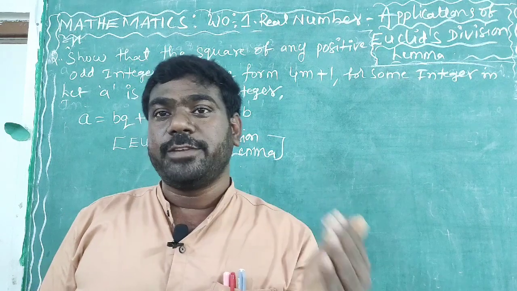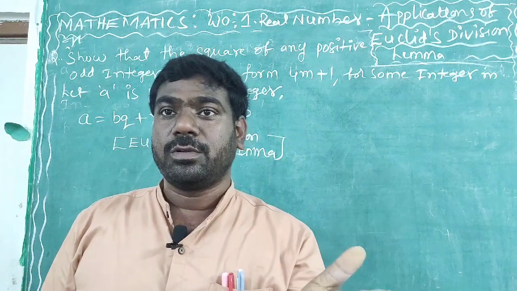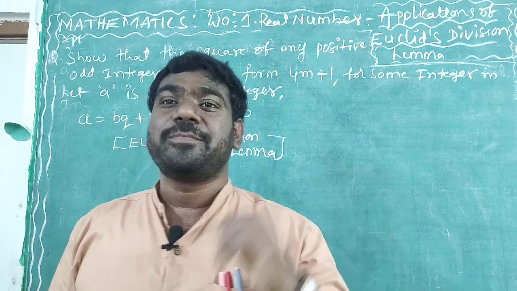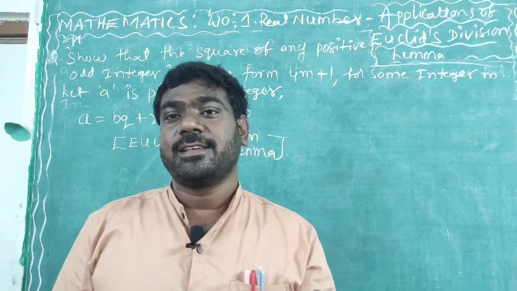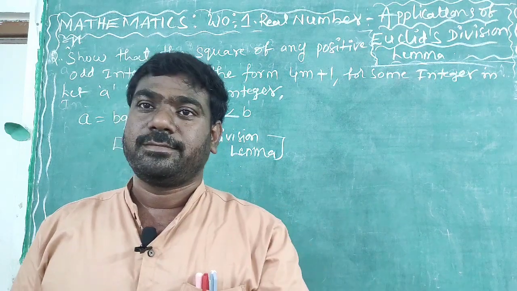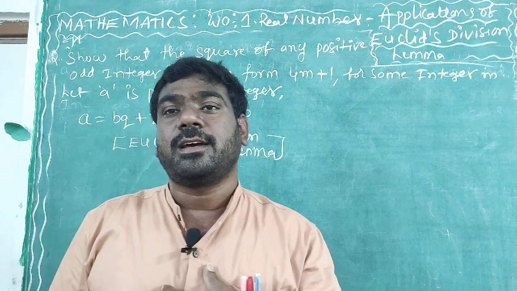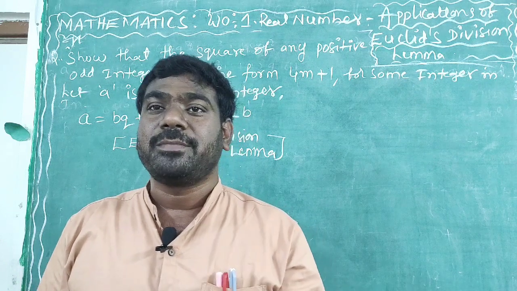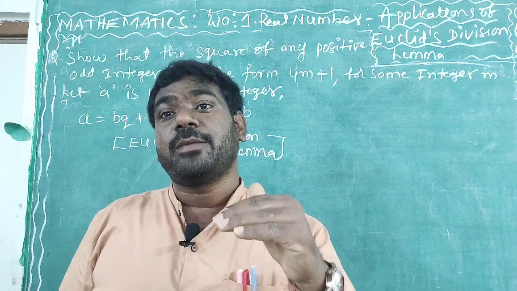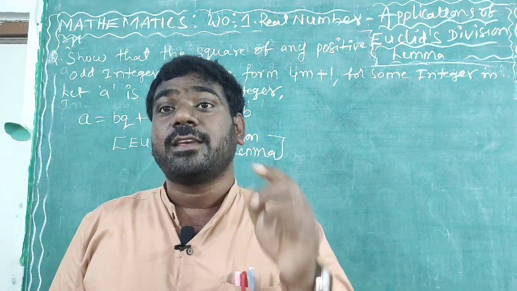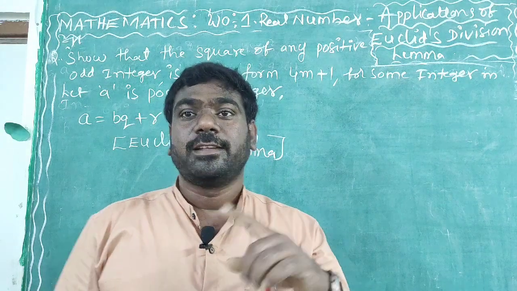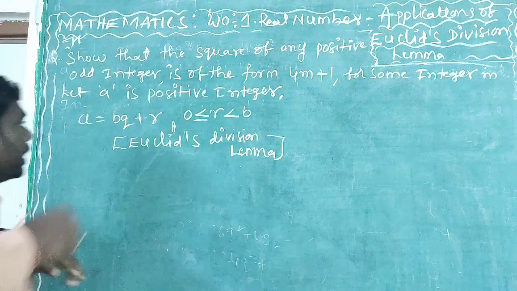Suppose a is of the form 2q, then those numbers are even numbers. Next, if a is of the form 2q plus 1, then those are odd numbers. So the odd integer is of the form 2q plus 1. Already we know that, so I am taking that one.